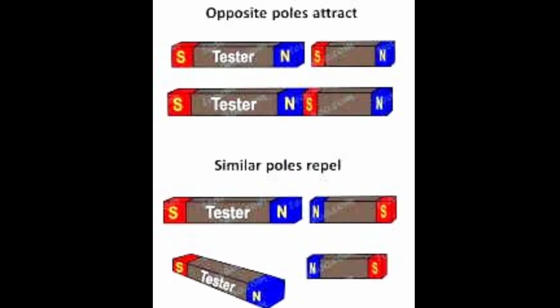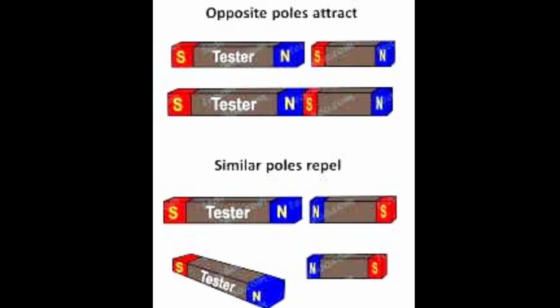Now we are going to understand the various properties of a bar magnet. There are a large number of properties and we are going to study them one by one. The first property is that like magnetic poles repel each other while unlike magnetic poles attract each other.